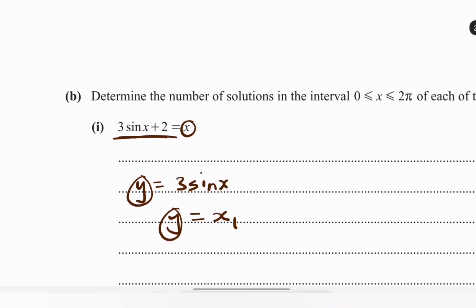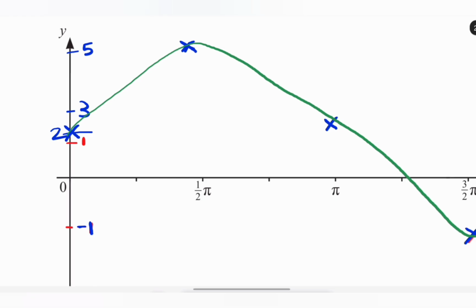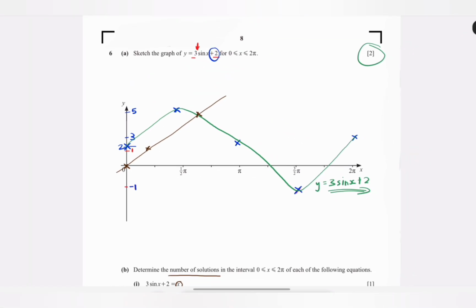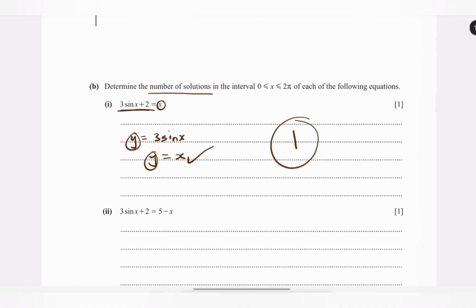So if we draw y equals x, then we see how many times it crosses the graph that we have sketched. y equals x is like this, passing through 0, 0, then 1, 1. Just assume it's somewhere here, and we extend it like that. We can see that it's only one solution, so 1 will be our answer for this.